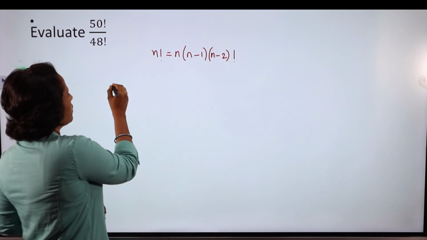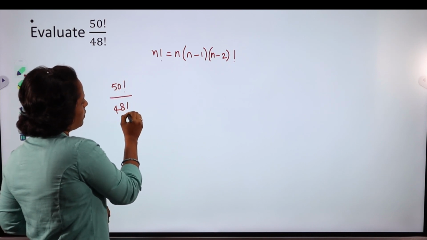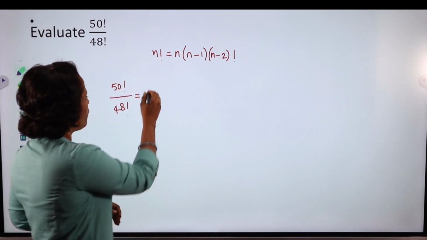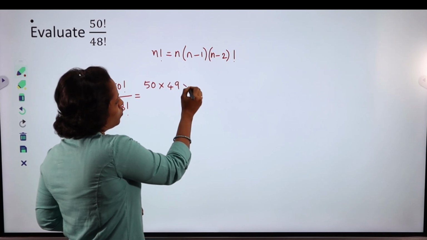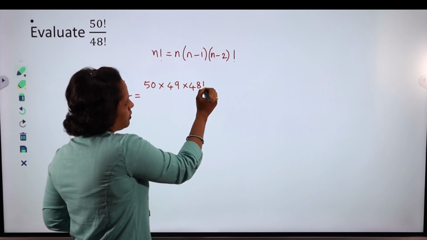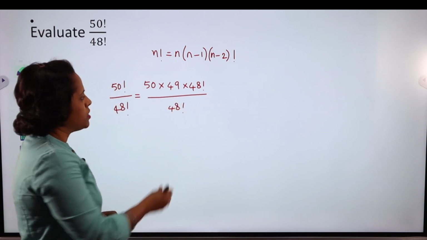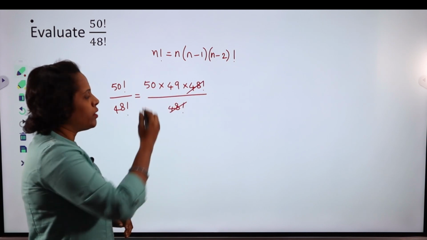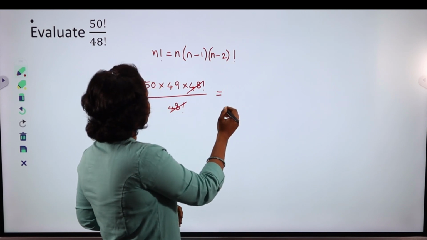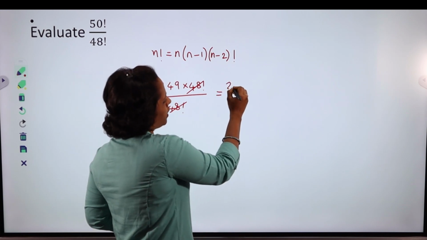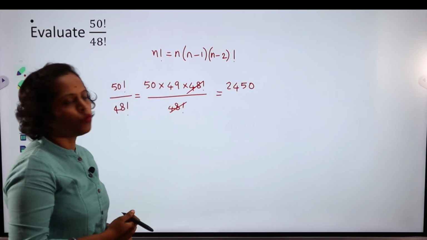So 50 factorial I can write as 50 into 49 into 48 factorial, divided by 48 factorial. So this and this get cancelled. We'll be left with 50 into 49, which is 2450. This is the answer we got, 2450.